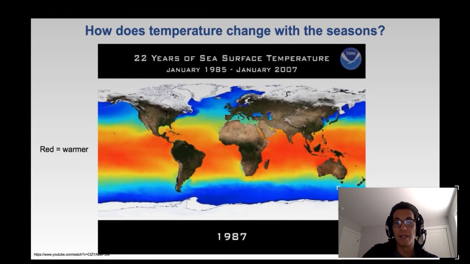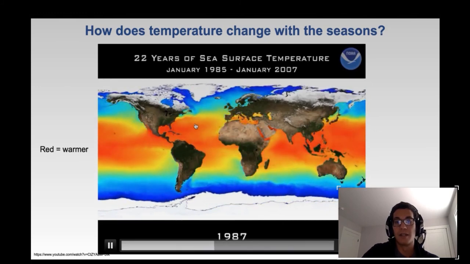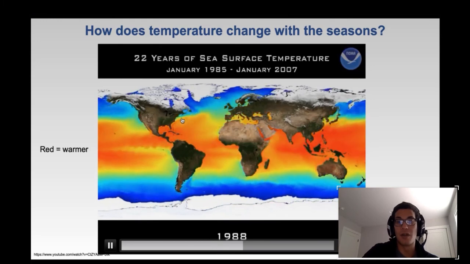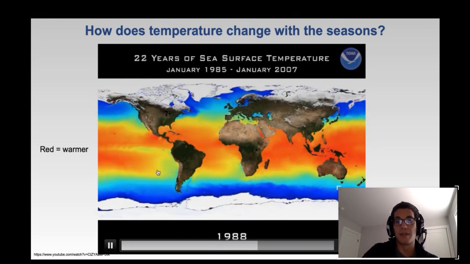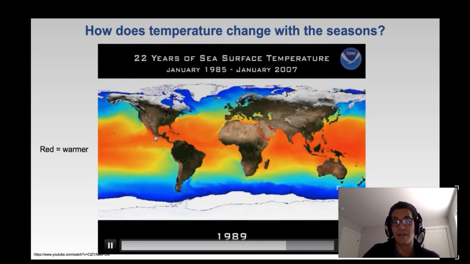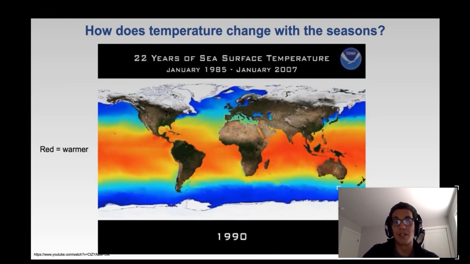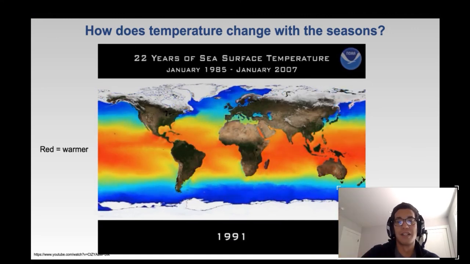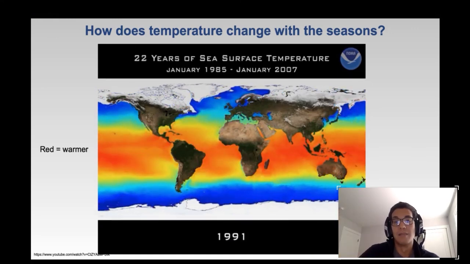And the red means warmer. So in the northern hemisphere summer, the reds shift to the north as things warm up in the northern hemisphere and cool off in the southern hemisphere. And then the reverse happens in southern hemisphere summer, northern hemisphere winter. The warm surface and warm air looks like it's moving north and south with the seasons. It's almost like the planet is breathing in some sense.